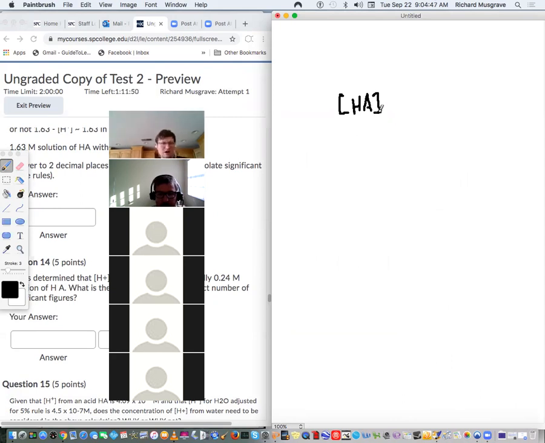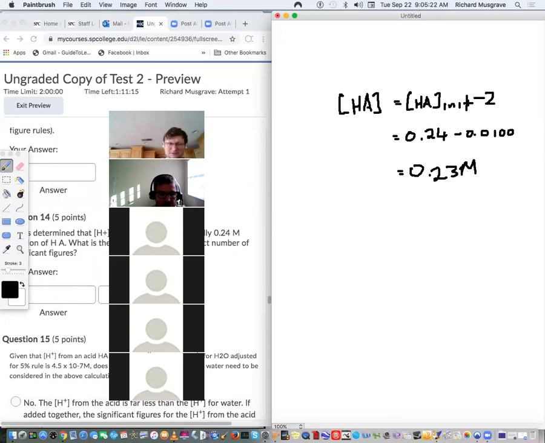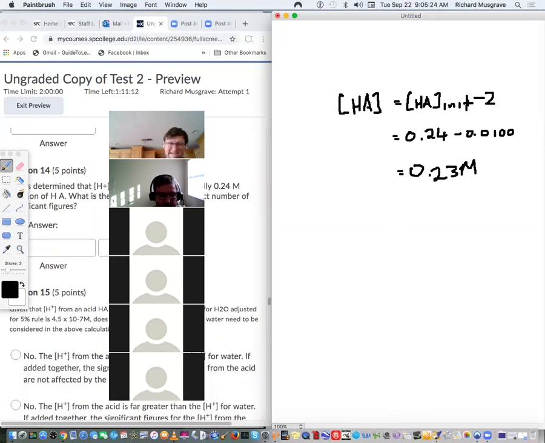The new HA at equilibrium is going to be the HA initial minus Z. And the Z here is going to be what we're given, 0.24 minus 0.0100, which would be 0.23. So that's all it's after, is 0.23 molar is the answer. So the 0.23 goes in the answer box, and the big M goes in the units box.